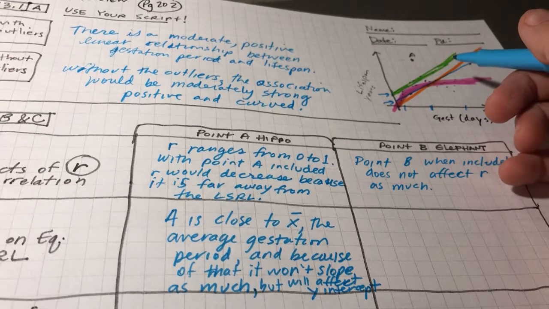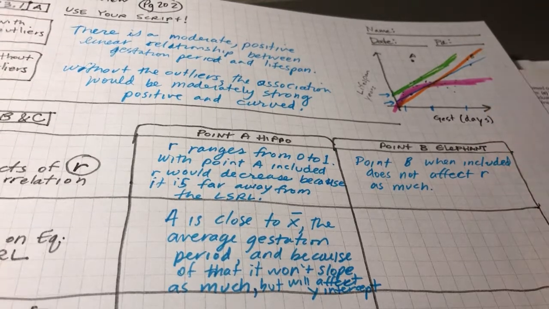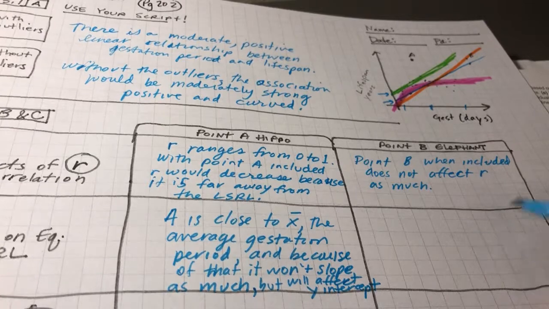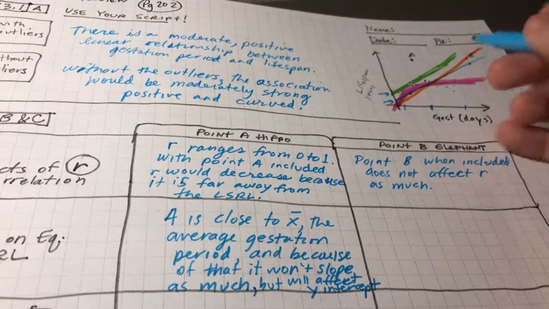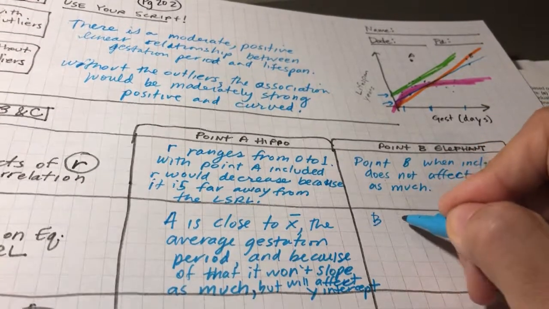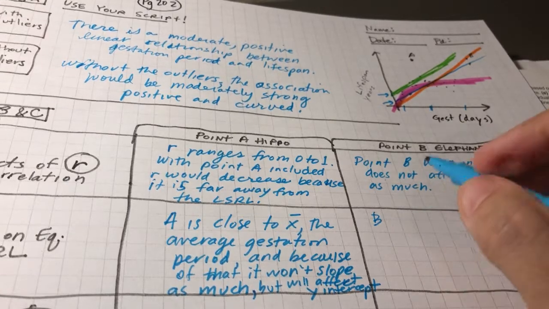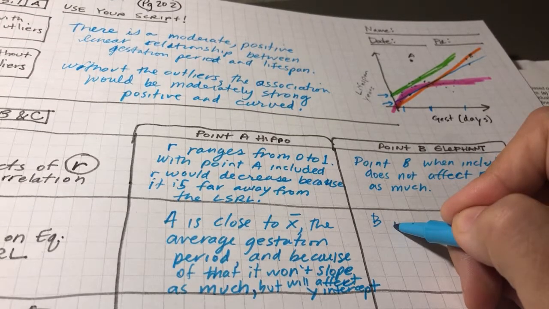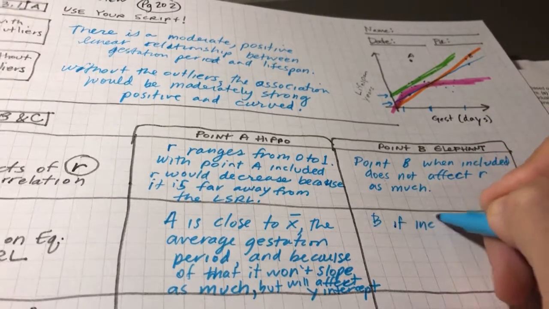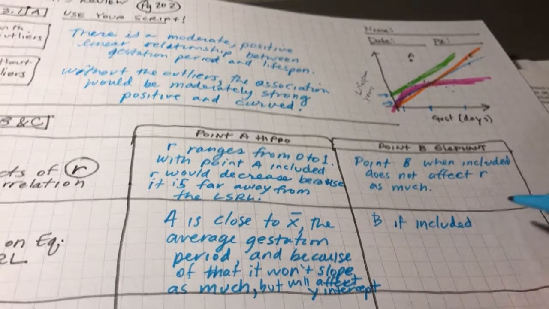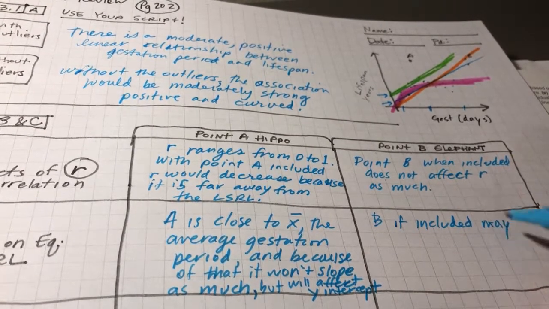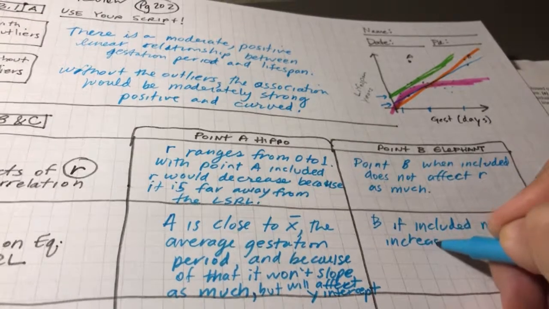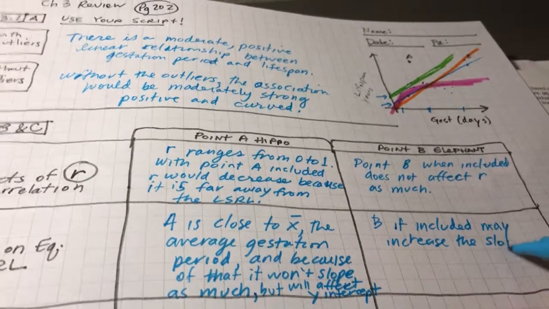Okay. Now as we look at, well, how would point B affect it? And as we stated there, the orange line, B, if included, may increase the slope. That's the tilt.